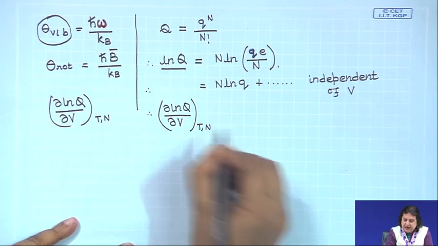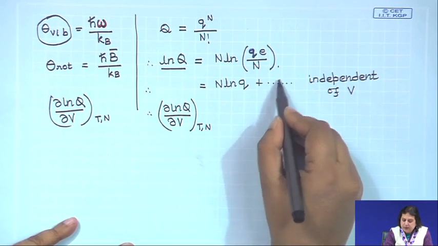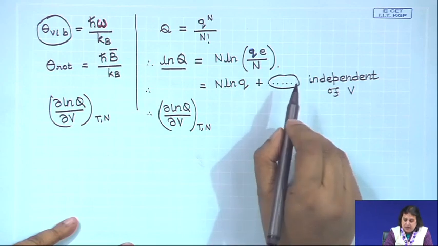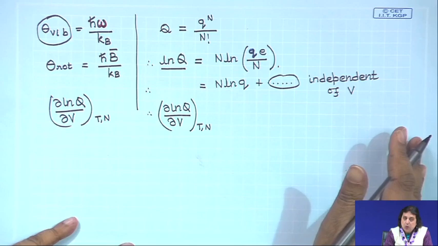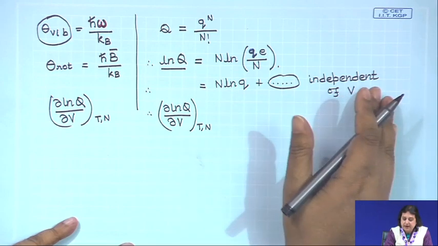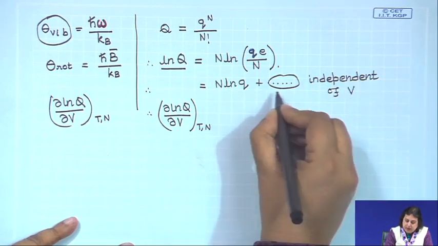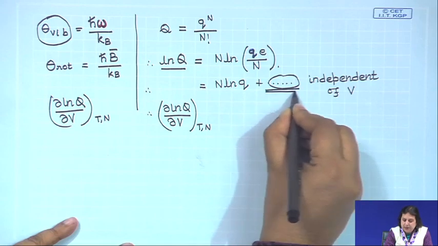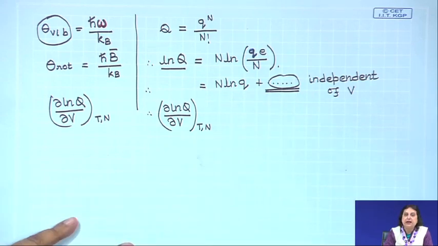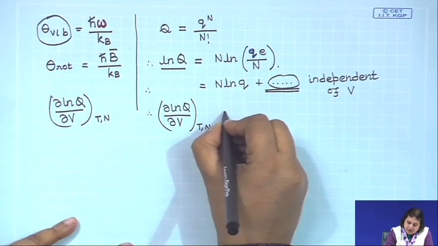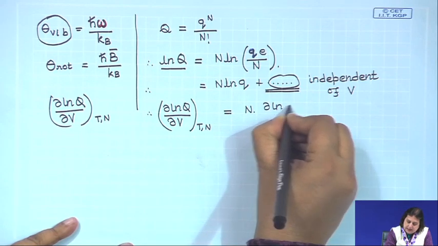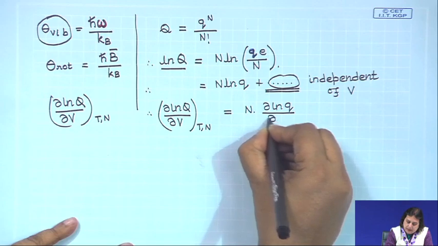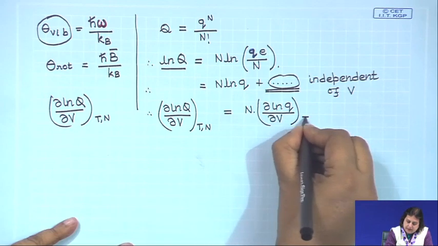Once I have fixed T and N, whatever terms appear here are independent of V and do not affect the way I take the derivative; for my mathematical purpose these are constants. Therefore, I can write this as N del ln small q del V at constant T and N.